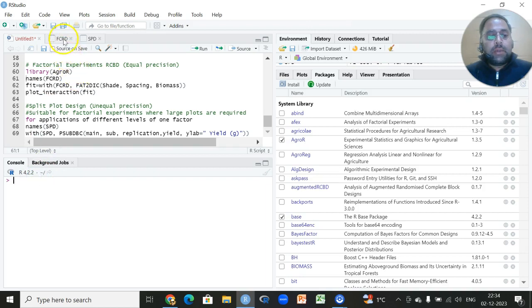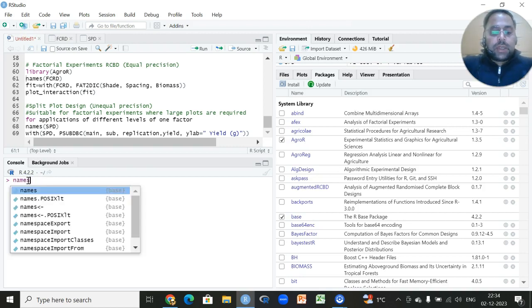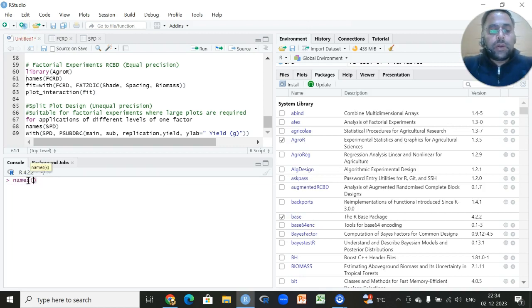Since it is already imported on my R console, in order to see the names or the labels which I have given to my data set, I will simply write names followed by the name of my data set, Factorial CRD.